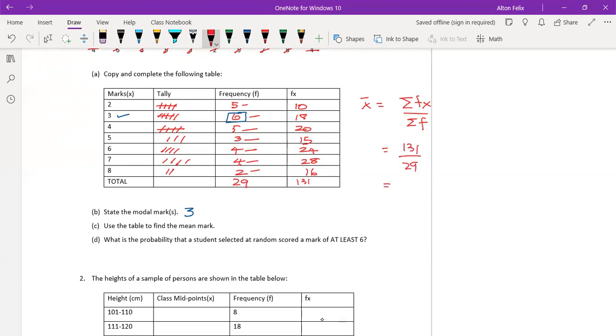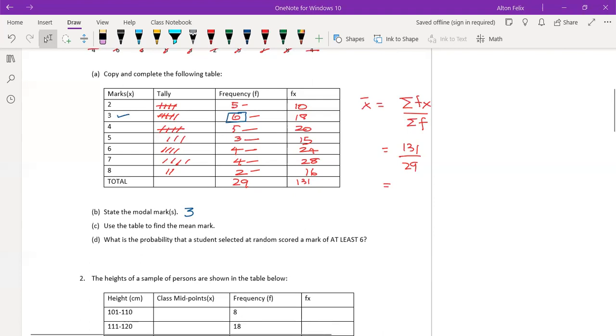131 divided by 29. Right, 4.5, 4.51 thereabouts.